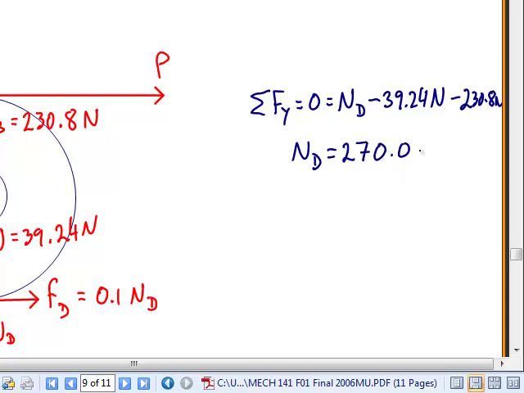Okay, I'm just going to go 270.0. So Nd equals 270.0, which means Fd equals 27, if we have impending motion at d.